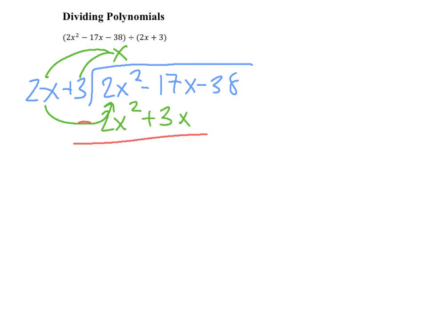Now I need to subtract. 2x squared minus 2x squared is 0. Negative 17x minus 3x is going to be negative 20x. And then I need to bring down that negative 38.